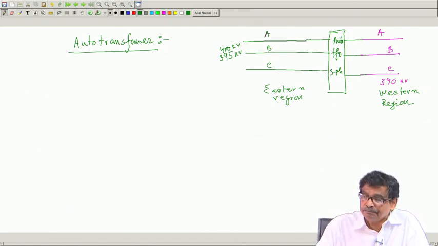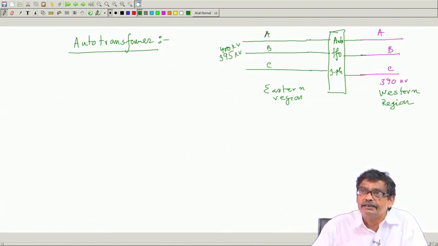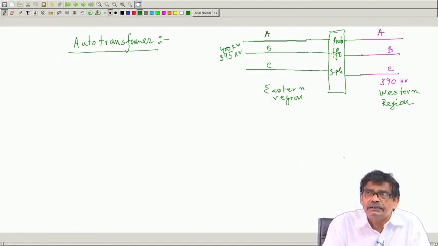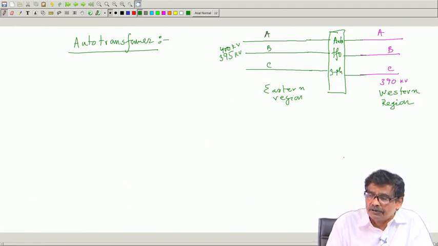You will be saving a very large amount of copper, and the size of the auto transformer will be less. So, this is one very practical use of a 3-phase auto transformer.